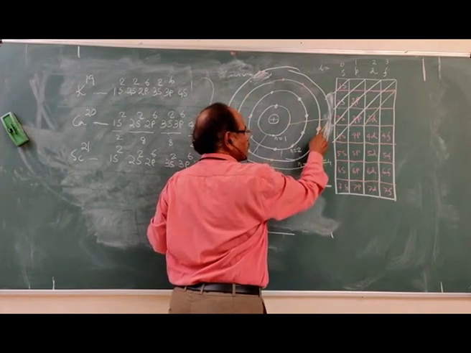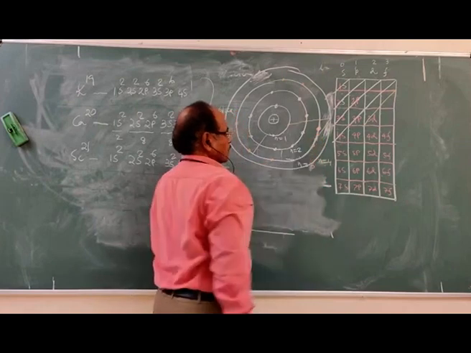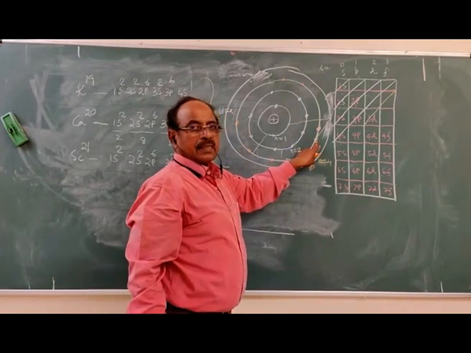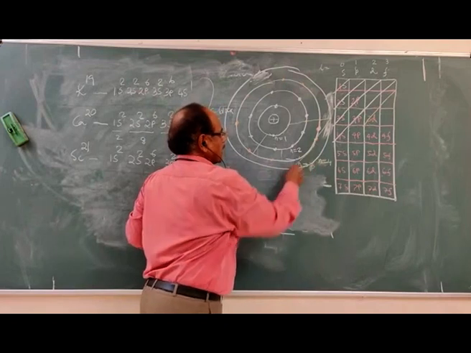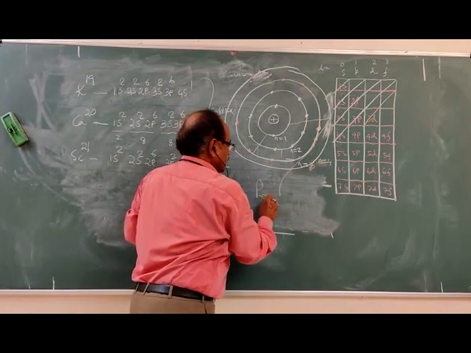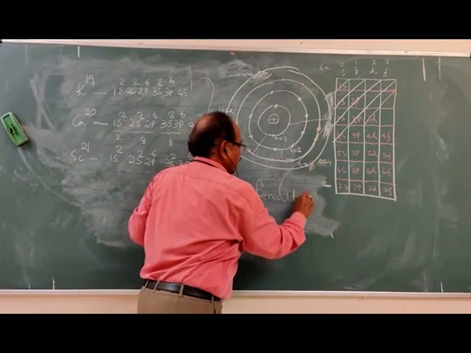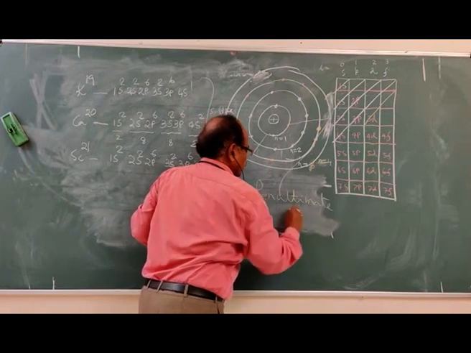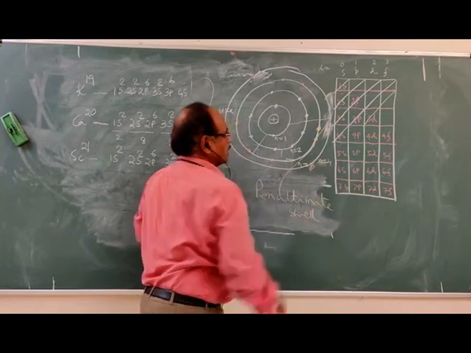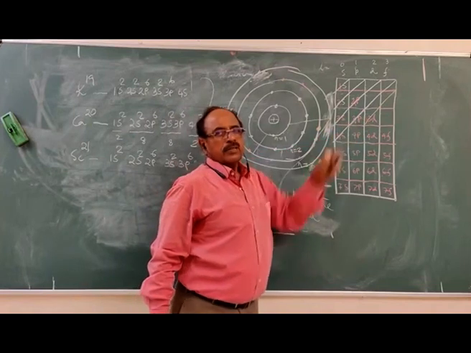Now the electron comes to the inner shell. This is called the penultimate shell. So what is the capacity of the d orbital? 10 electrons.